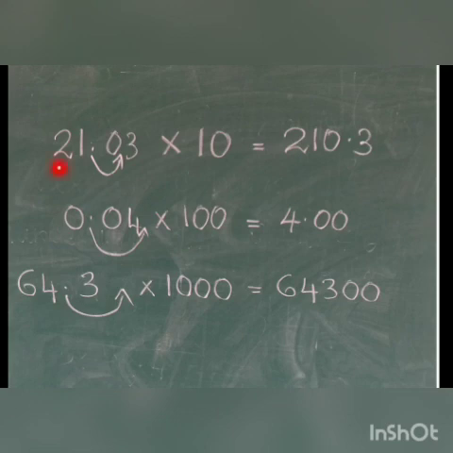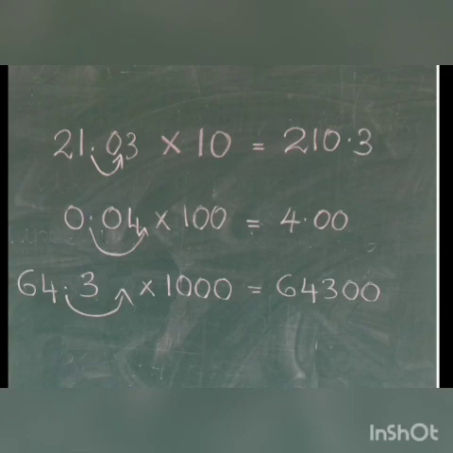For example, 21.03 into 10. So, when you are shifting, you are considering what? Consider in 10 how many zeros are there? In 10 you have one 0, isn't it? And you are shifting your decimal point by one place. That is, when you are multiplying, the point shifts to the right.